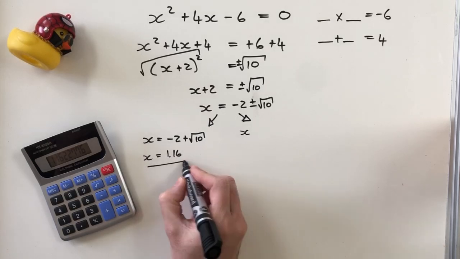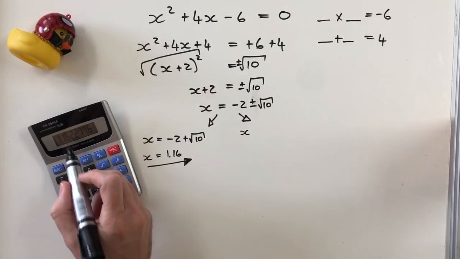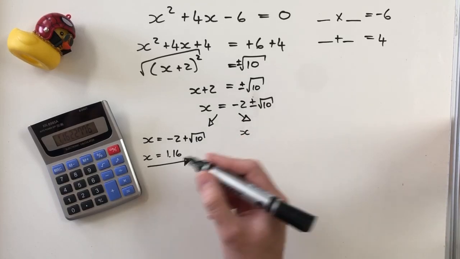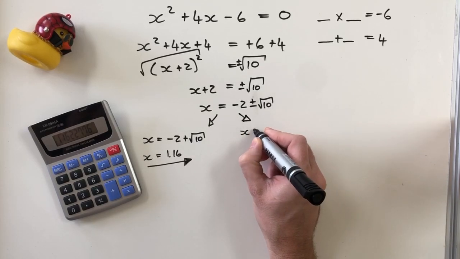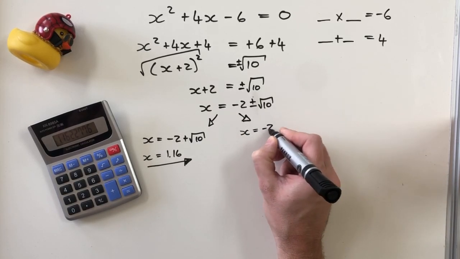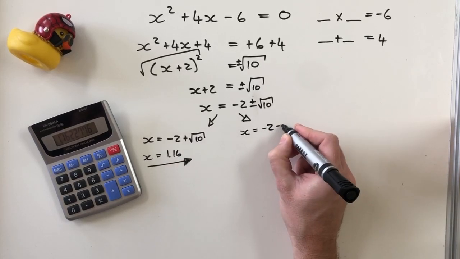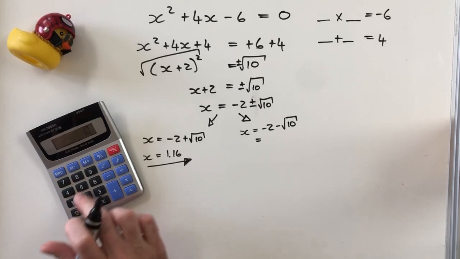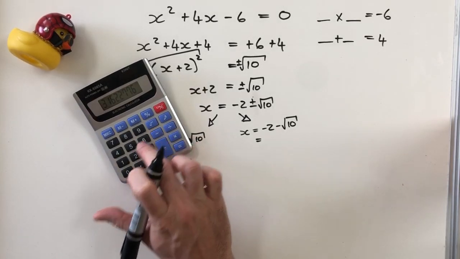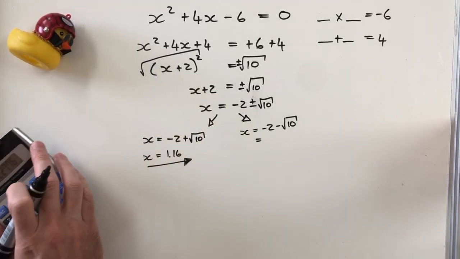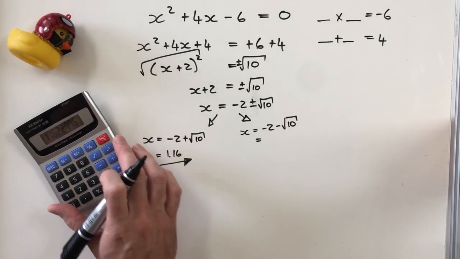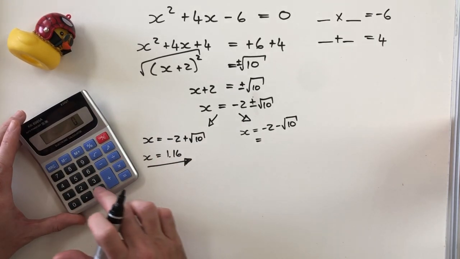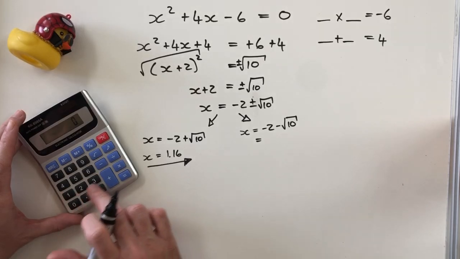So this is one option, but it's an irrational number. And here I can do -2, and I already used the plus, so I'm going to say minus the square root of 10. So if I took the square root of 10 and subtracted 2, then, oh, I needed to add it to the other side, sorry, that was a -10.